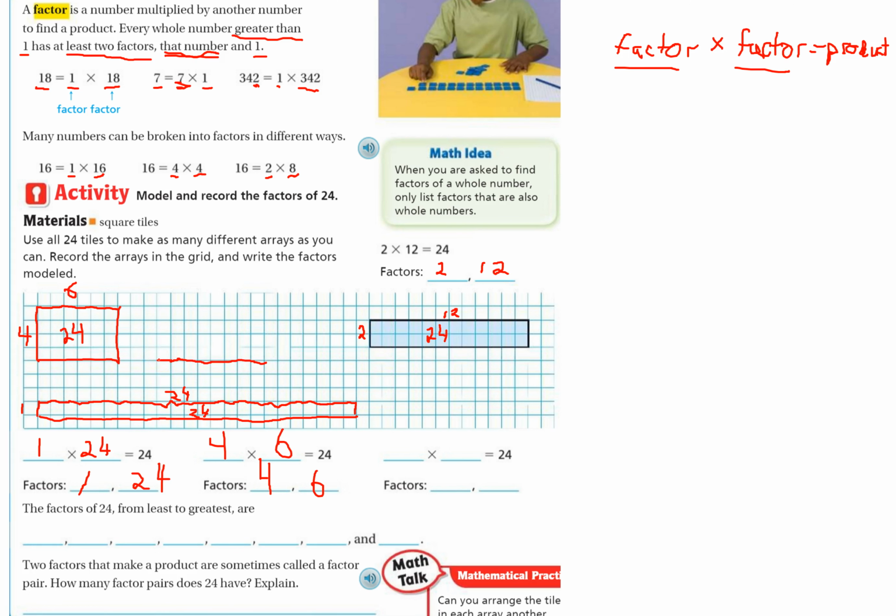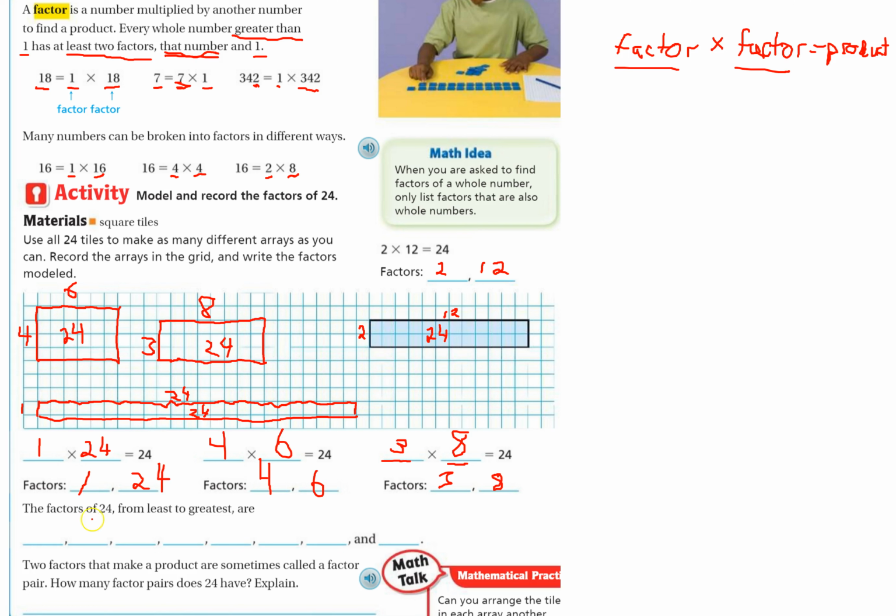And 8 times what gives me 24? 8 times 3, so 1, 2, 3 up, and I close it off. So I have a 3 by 8, and that's going to be a total of 24 as well. So 3 times 8 is 24, and the factors are 3 and 8.